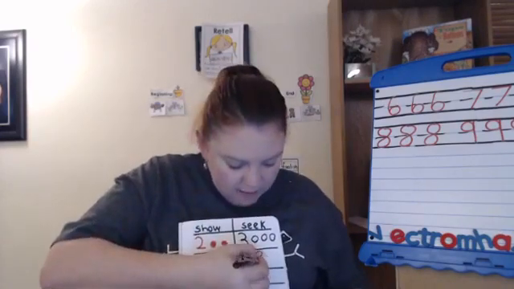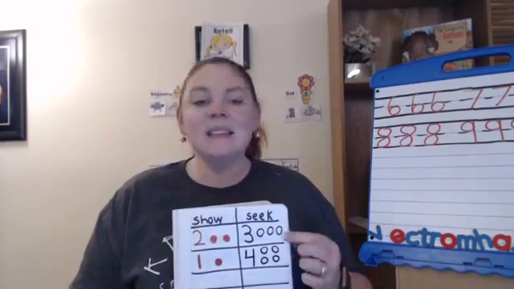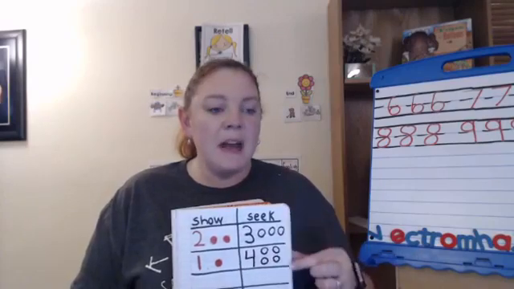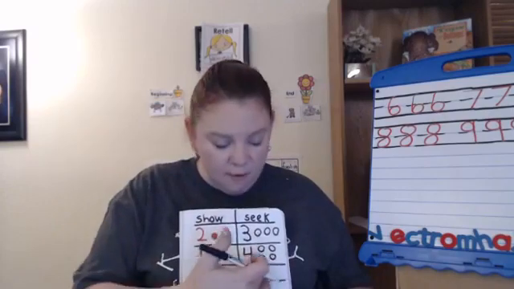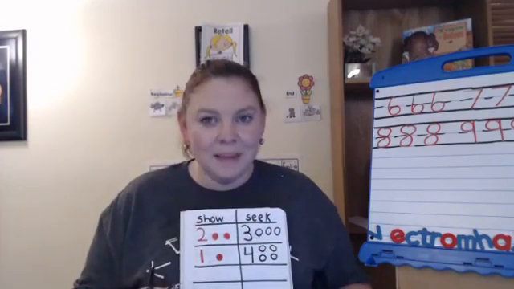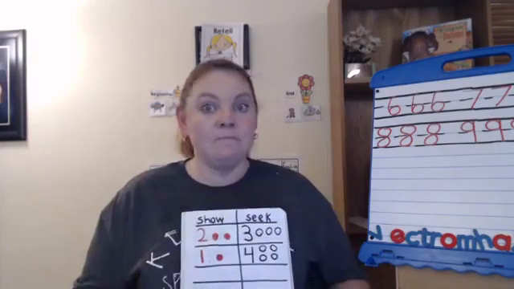And I would draw my 4 counters. It does not matter how you draw them, just so if that was a question. We just want to make sure that if you wrote the number 4, that matches. I'm going to check my answer before I show you the seek. 1, 2, 3, 4, 5.